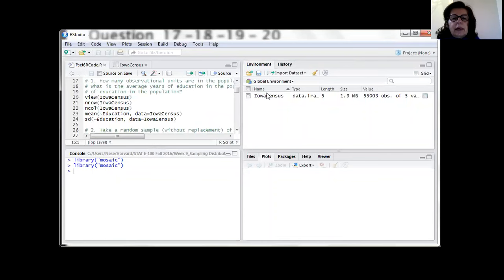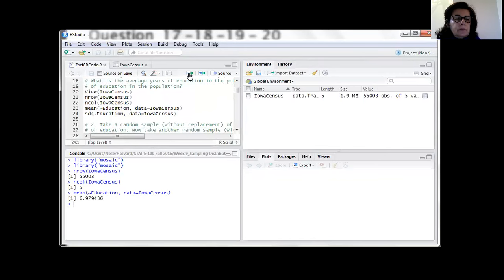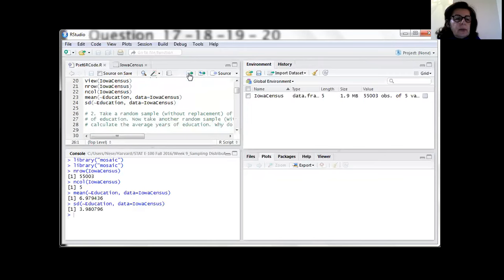The data we are going to work with has already been brought into R. And we are going to look at how many observational units. It's 55,003. How many variables? 5 variables. What is the mean of the variable education? 6.97. What is the standard deviation of the variable education? It is 3.98.